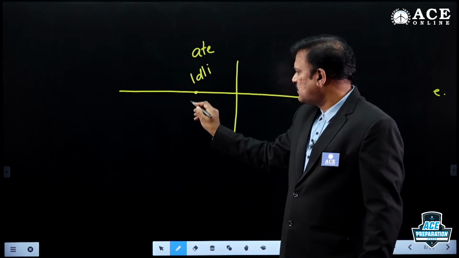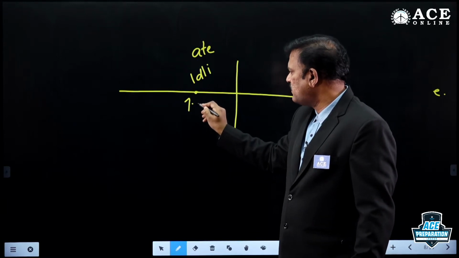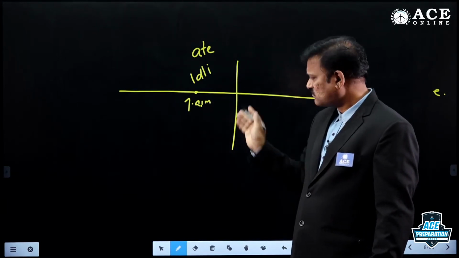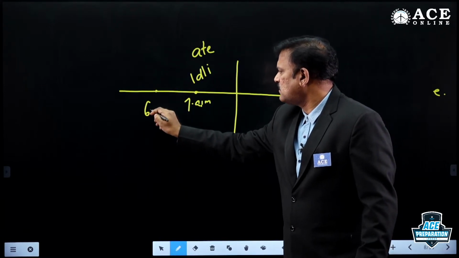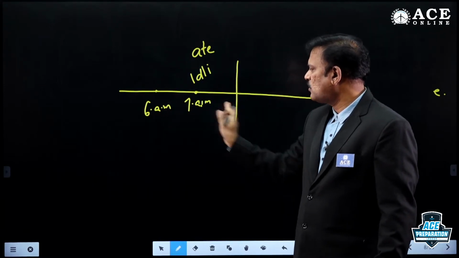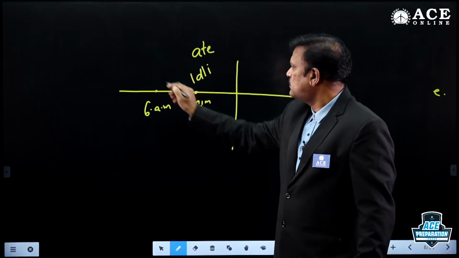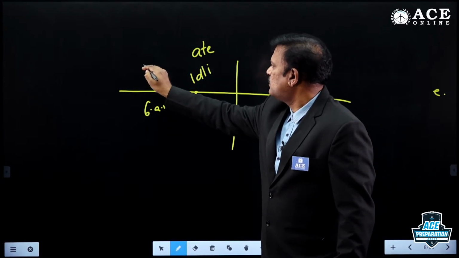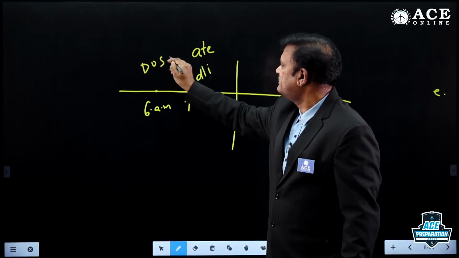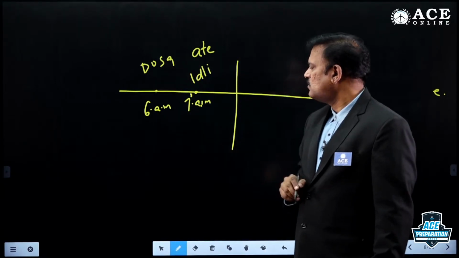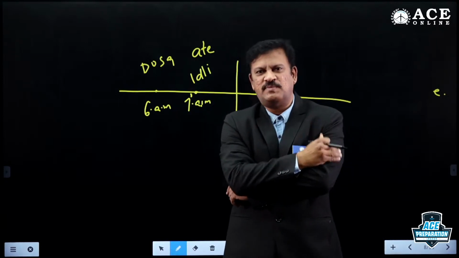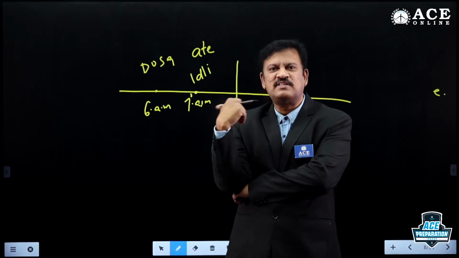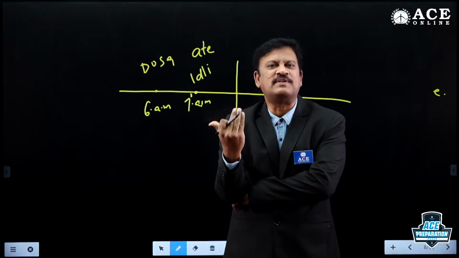Let us say this is 7 a.m., obviously past, and here let us say 6 a.m. We don't have to talk about this time. Let us say dosa. Now, how do you express these two actions? You're standing here. Always imagine you're standing here and express these two actions. How do you express this?